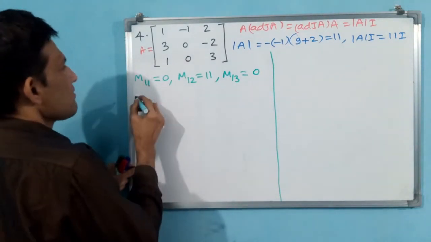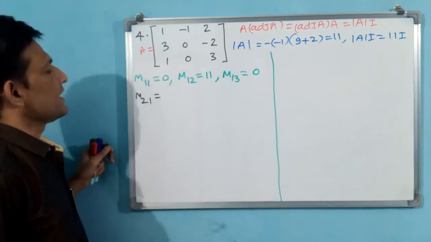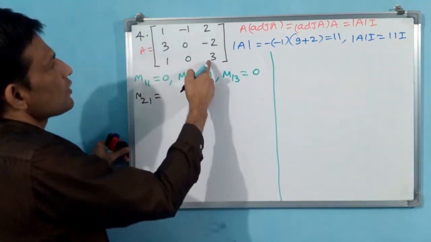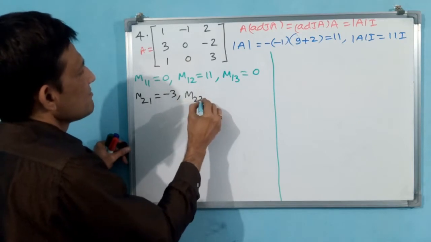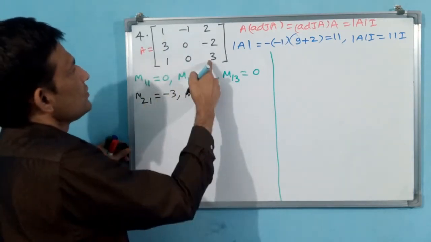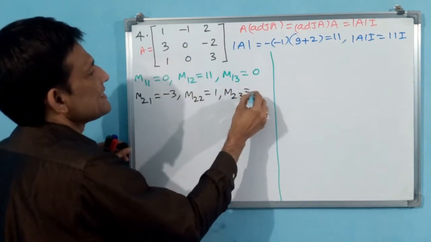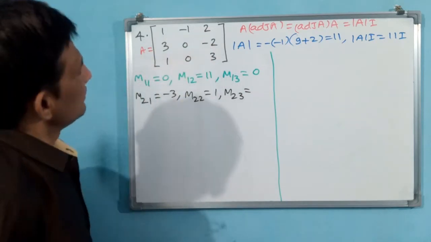Now take M21. M21 if you take, see 3 we are closing. If you close 3, automatically minus 3, 0. That means minus 3 you write. M22 we are writing. 0, 3, minus 2, 1. M23. 3 minus 2, 1. Okay.